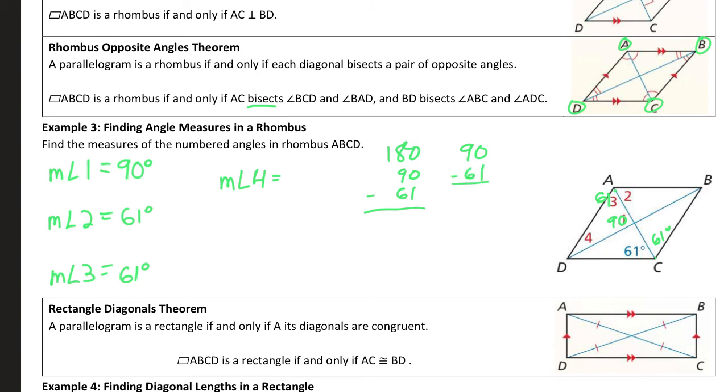Either way, it's 29 degrees. Angle 4 is 29 degrees. So whenever you're looking at this, it's remembering some properties. Diagonals are perpendicular, they bisect the angles they intersect, and these create basically 4 right triangles that we can find measures of if we're paying attention.